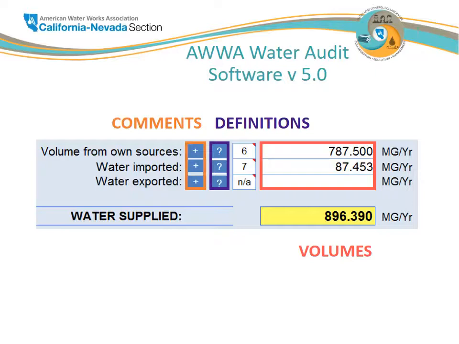Another super useful hyperlink is this plus action button, and that's going to hyperlink you to the specific input box for comments that you can use to qualify how you determined that specific volume, where you got the data, what your concerns about the data are, and what maintenance or data source qualifications you'd like to make.